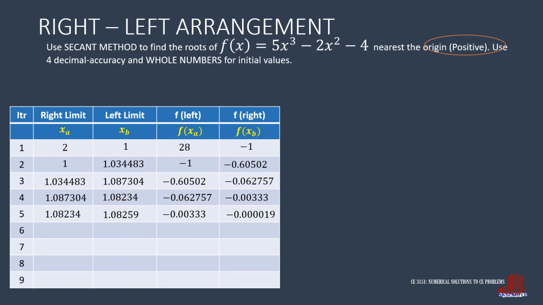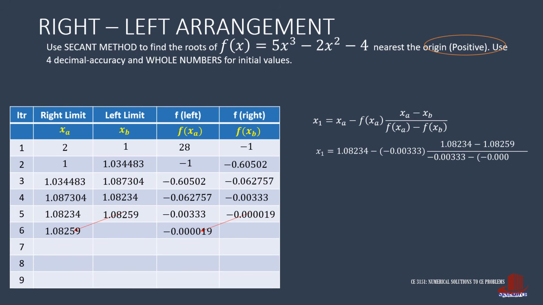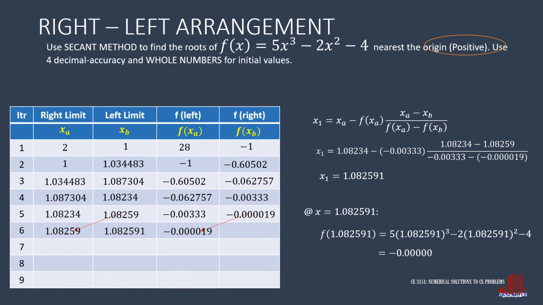The next iteration has xa of 1.08259. Then, f of xa is -0.000019. The new xb is solved as 1.082591 using the secant function, and f of xb is then solved as -0.0000006.